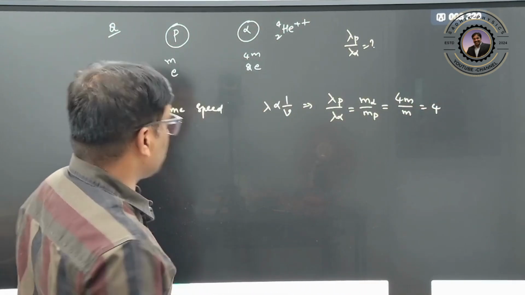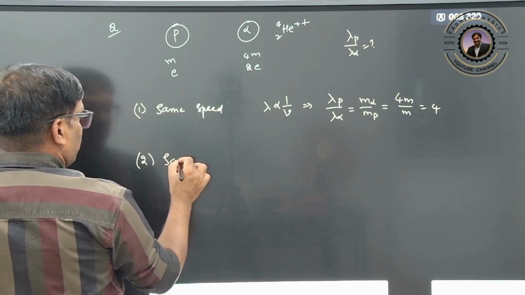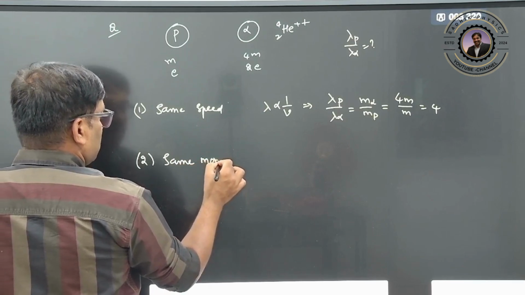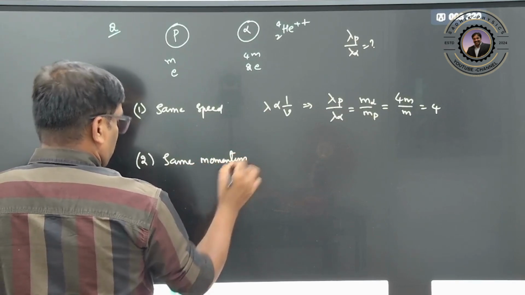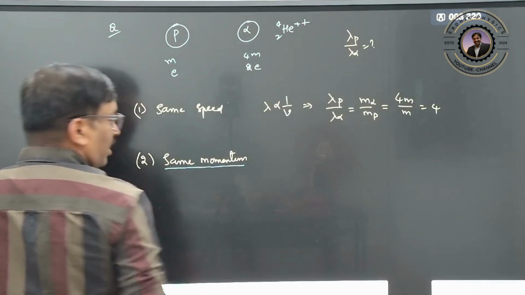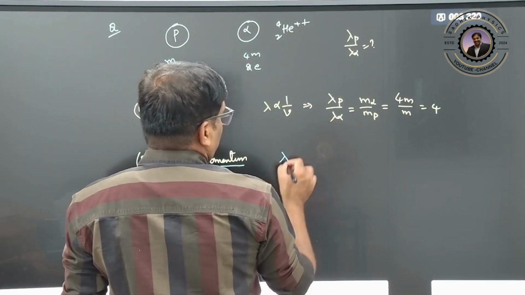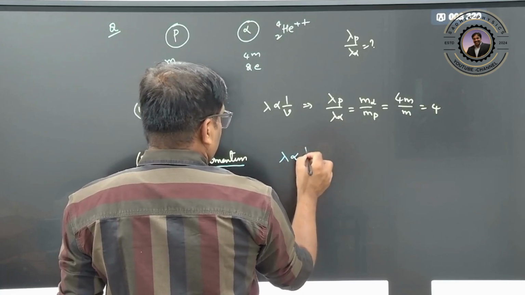Clear? Next one, very important: if they are moving with the same momentum, this is most important. Most of the students get confused here. If they have the same momentum, how to write the de Broglie wavelength now? It is inversely proportional to the momentum.